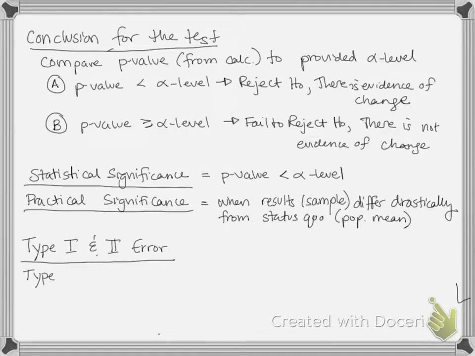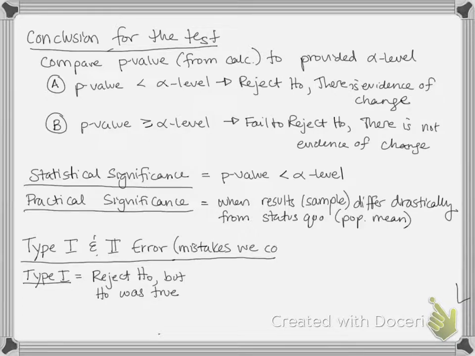So type 1 error is when we reject the null, but the null was true. So remember, these are basically mistakes we could have made. They're errors.